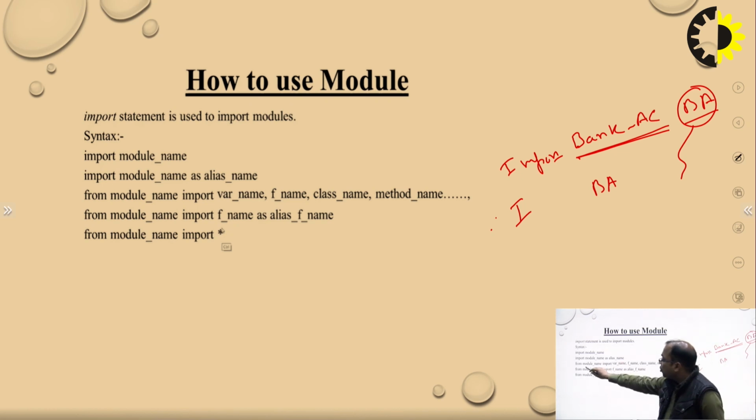Next, from module name import var names, function name, class name, method name. It means we can access a particular part from that module.